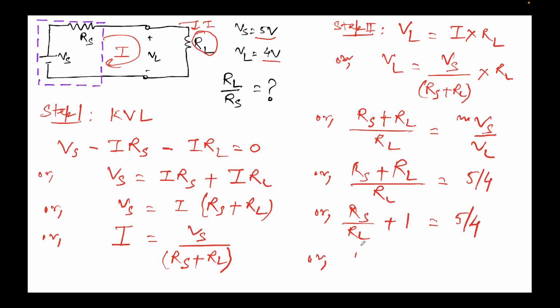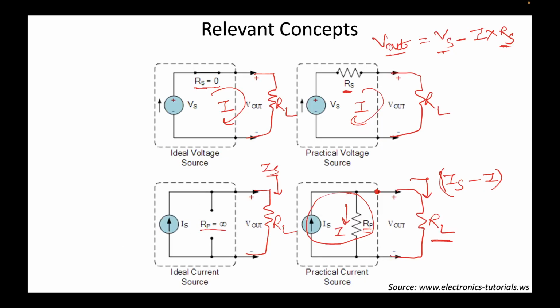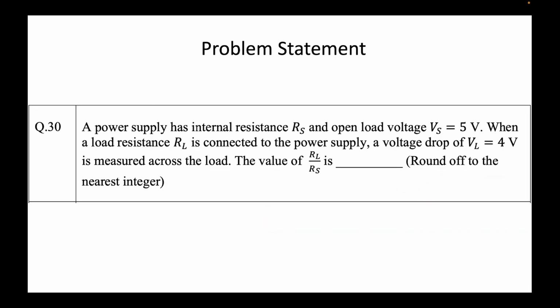Or we can obtain the value of Rs over RL as 5 by 4 minus 1, which is equal to 1 by 4. Now, we were required to find the value of RL over Rs, but we have found the value of Rs over RL. We can simply invert the result and arrive that RL over Rs is equal to 4, which is the value which we needed to find, and we can simply plug in this value in our answer here.